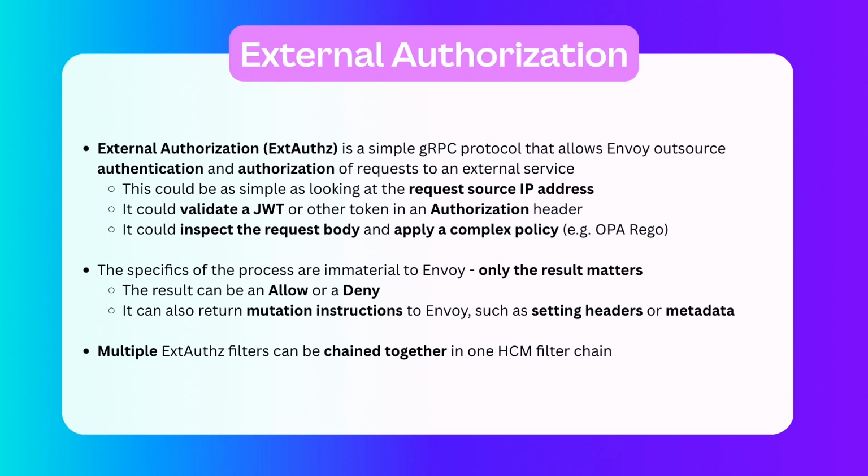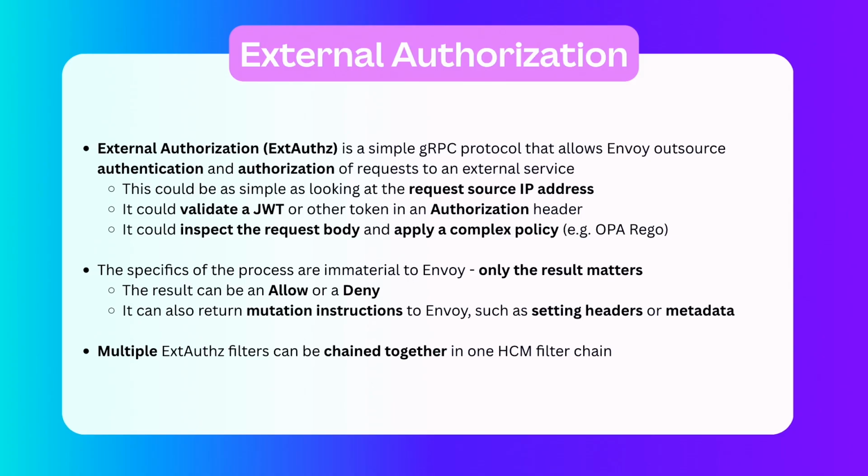Basically, it's just a simple gRPC protocol. There's one method, and it allows Envoy to outsource authentication and authorization of requests to an external service. That could be as simple as looking at the request source IP address and giving a yes or no answer.